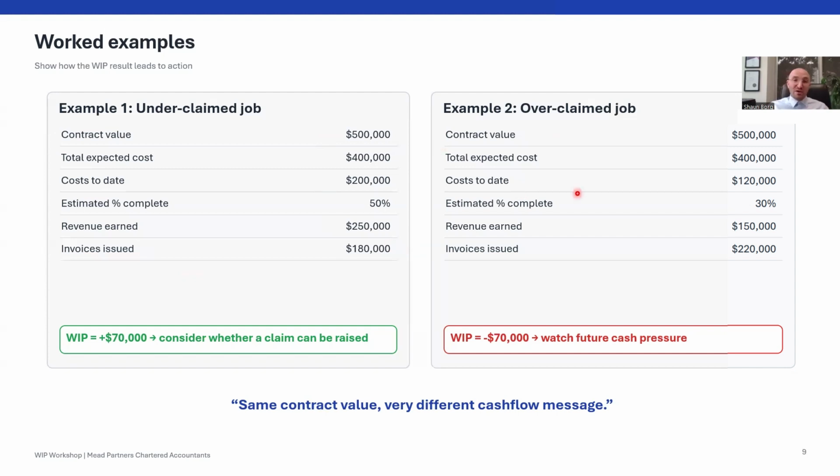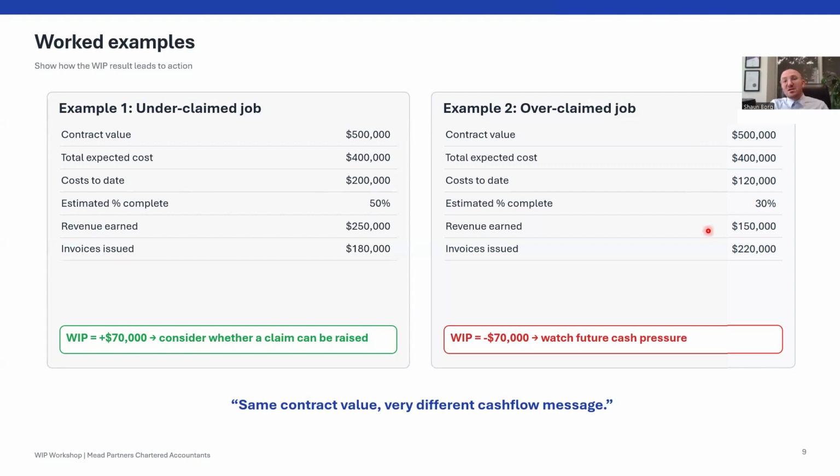With example 2, the opposite to positive, a negative WIP. Same contract value, 500,000, same expected or budgeted costs of 400,000. In this case, our costs to date are 120,000, which represents 30% of our total costs. So this suggests that the job is about 30% complete. 30% of our contract revenue is 150,000.